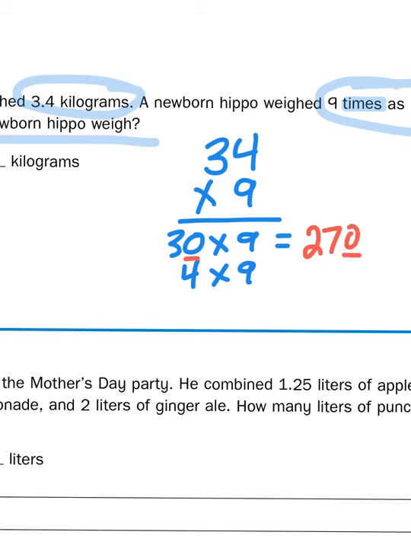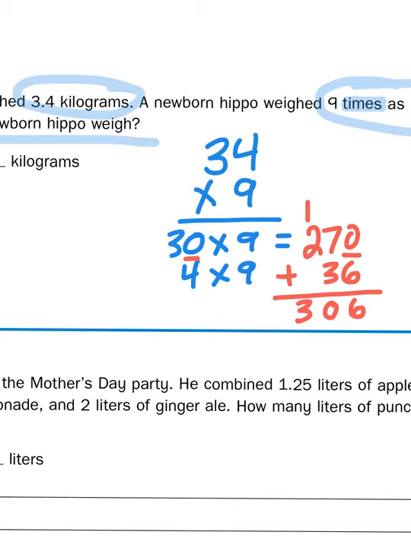And then 4 times 9, of course, is 36. So I've lined up 270 plus 36, and then I add 0 plus 6 is 6. 7 plus 3 is 10, so I'm going to carry that 1, and then 1 plus 2 is 3. So 34 times 9 would give me 306.